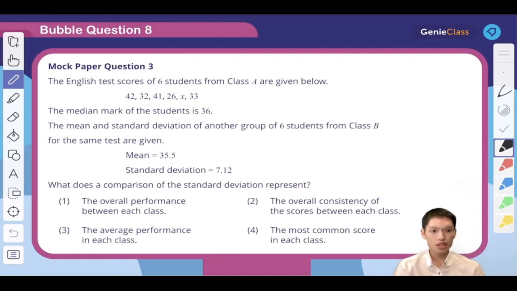Okay, I'll give you quite some hints already. What does this actually represent? The options are almost the same. So what does this represent over here? Standard deviation. Alright, counting down a little bit more.